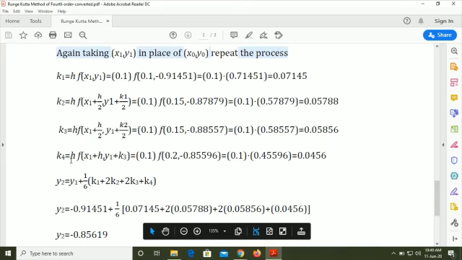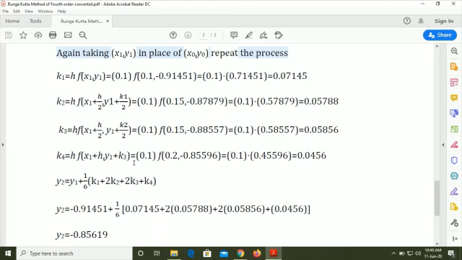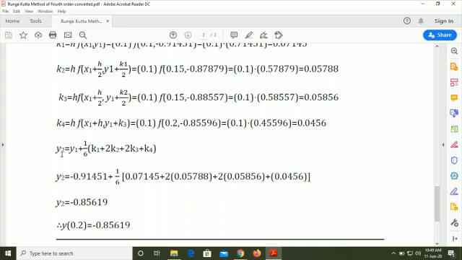Similarly, k4 is h into f of x1 plus h, y1 plus k3, that is equal to 0.1 into x1 plus h is 0.2 because x1 is 0.1, h is also 0.1. Similarly, y1 plus k3 is minus 0.85596. Then we can get k4 as 0.0456.